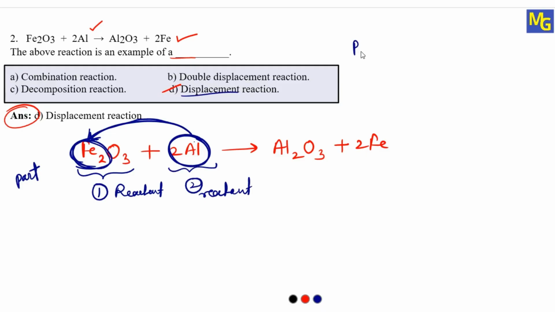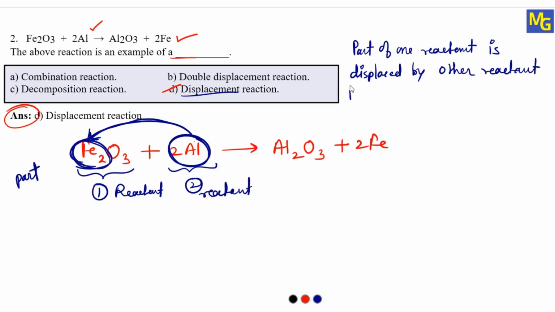So I'll write it here. Part of one reactant is displaced by the other reactant. This is called a displacement reaction. So what is a displacement reaction?